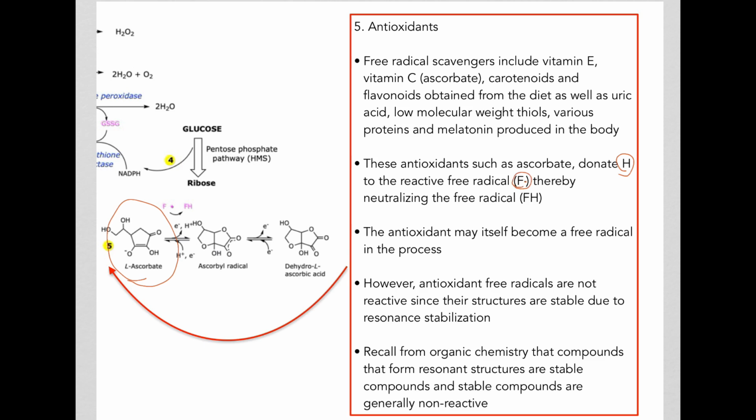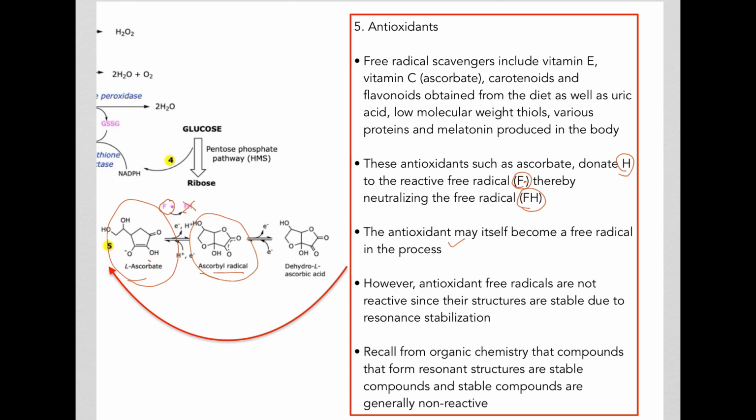So the F dot will take the hydrogen and become FH, thereby neutralizing the free radical. Now the vitamin C may itself become a radical, in this case the ascorbic radical. Okay, so the antioxidant may become a free radical.